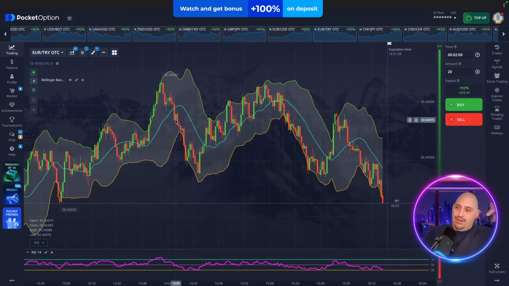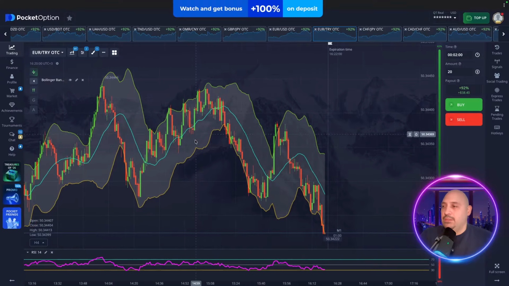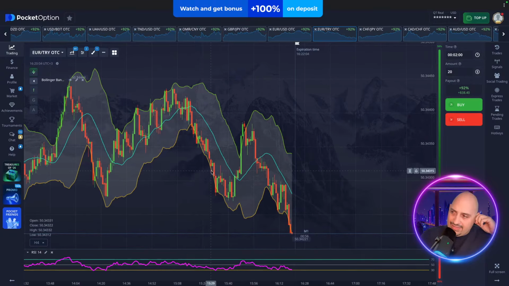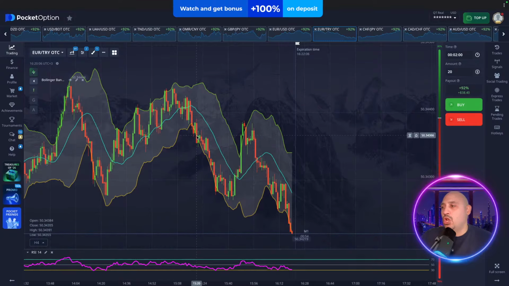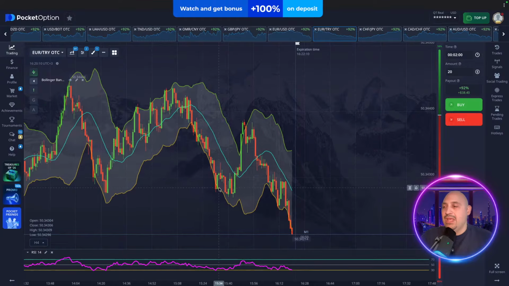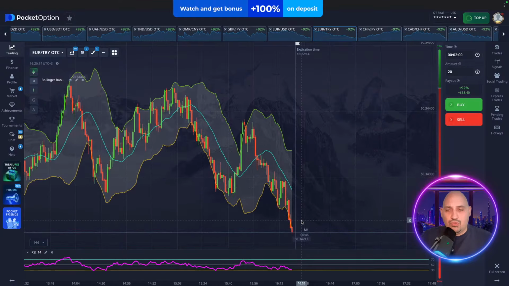Another important thing that I forgot to mention, if you see something like this, you see this? It's not a perfect example, but the perfect example would have been if you see a lot of red candles following this lower band. I call this a waterfall, or steps, or whatever you want to call that.